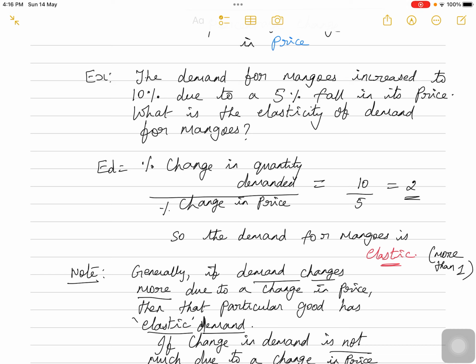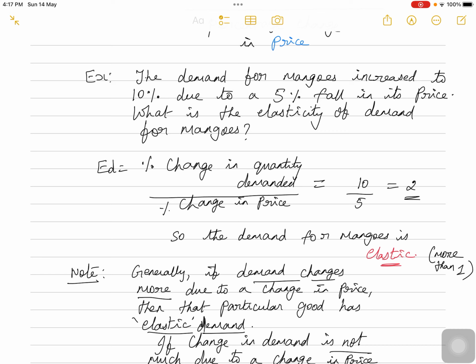In this case it is 2, so demand for mangoes is elastic. That means if the price of mangoes decreases a little, the increase in quantity demanded will be more. Here you can see that the demand increased by 10%, but the fall in price is only 5%. So the change in demand is more than the change in price.